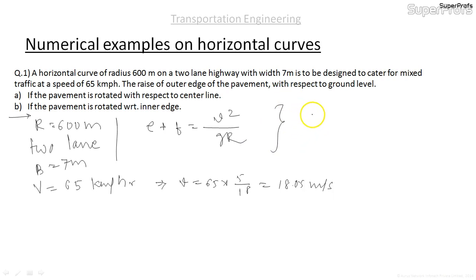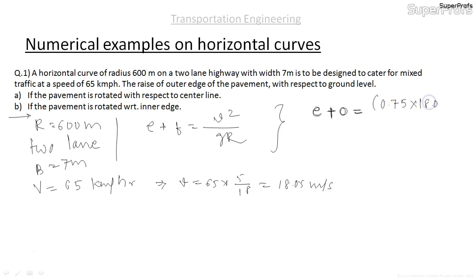In step 1, F is considered to be 0 because it is the step where we consider the equilibrium super elevation, and for mixed traffic condition it is 0.75.